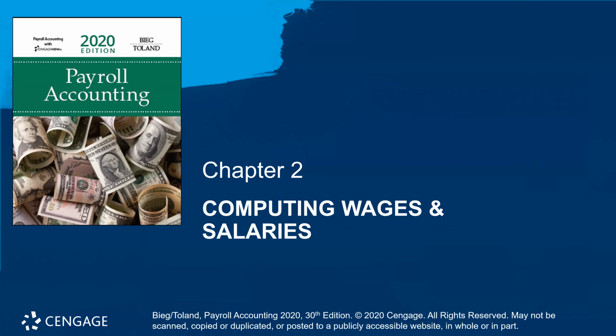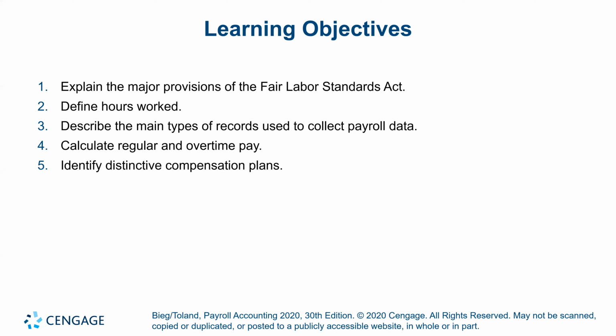We're not getting any practice calculating the FICA Social Security, the FICA Medicare, or the unemployment in this chapter. We're just getting practice calculating gross wages, so regular wages plus overtime wages.